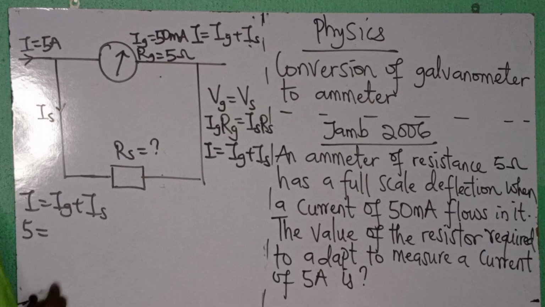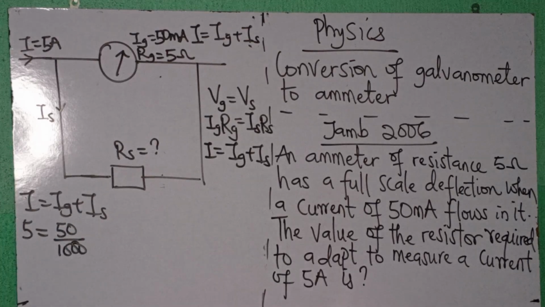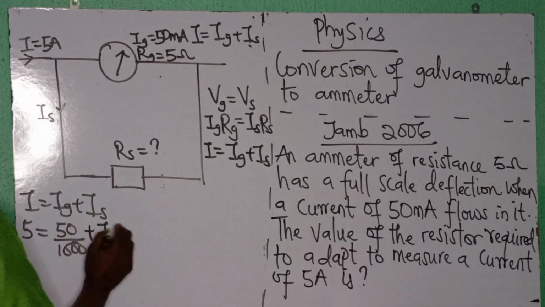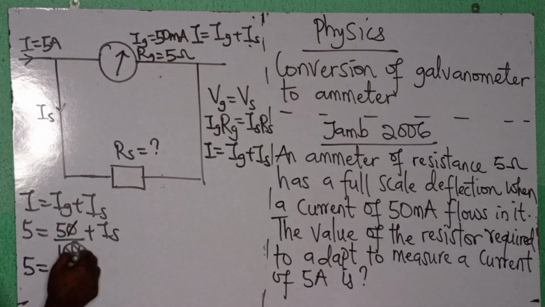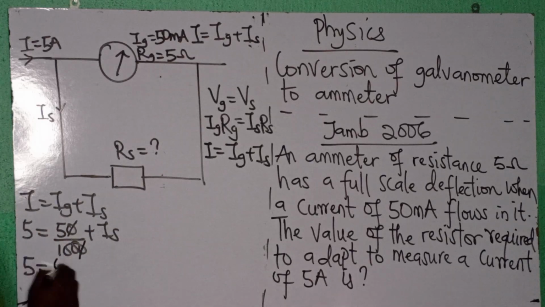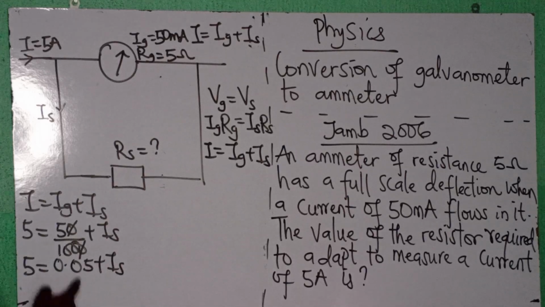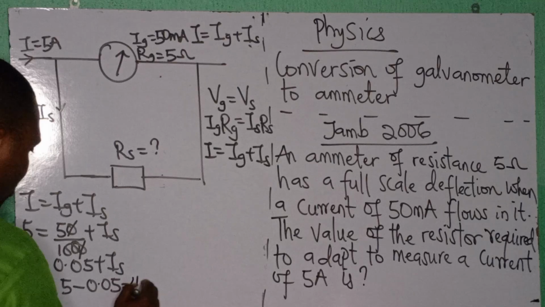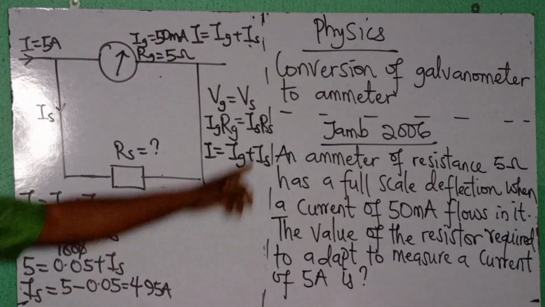So we convert 50 milliampere by dividing 50 by 1000, which gives 0.05. So 5 equals 0.05 plus IS. This means my IS is equal to 5 minus 0.05, which gives us 4.95 ampere. So we now have the current across the shunt.